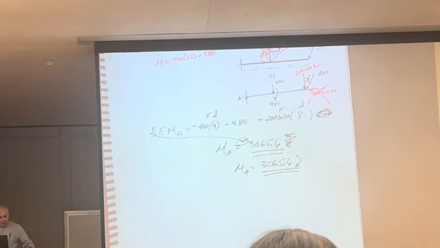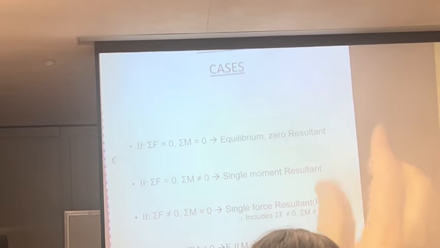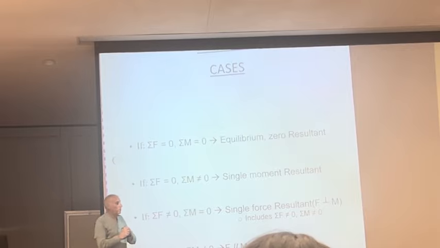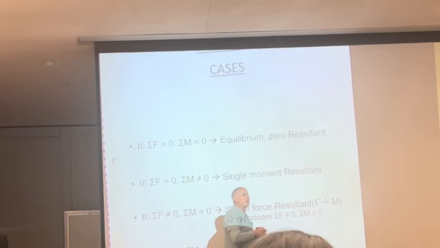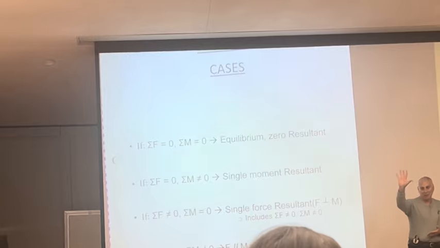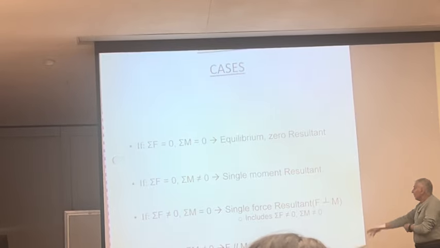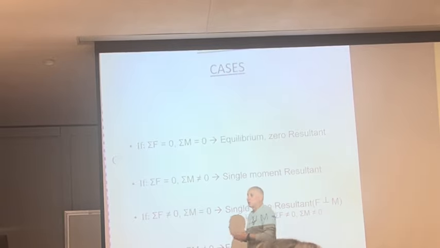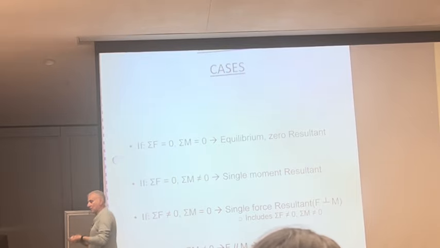Now, here are the possible outcomes when you reduce. 4 of them. Number 1, if the sum of the forces equals 0 and the sum of the moments equals 0, there is no resultant. The object is in equilibrium. That's chapter 5. That's coming up. Second, the sum of the forces equals 0, but the sum of the moments doesn't equal 0. You literally have a moment resultant.